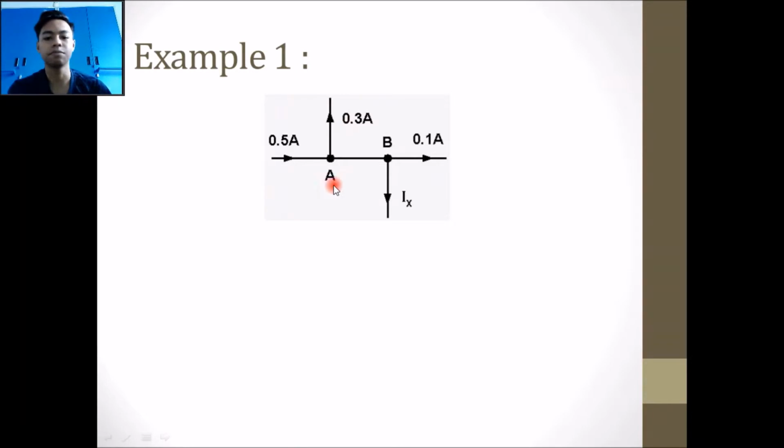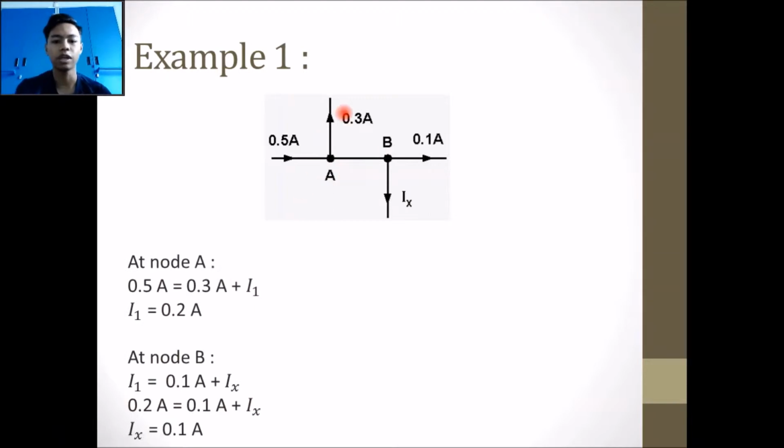Okay, from this example, we have to find the Ix in the node B. The first step is we have to determine the current which exits from the node A. At node A, 0.5 ampere equal to 0.3 ampere plus I1. How do we get this equation?